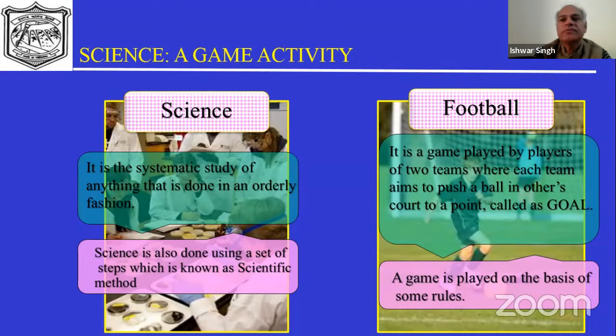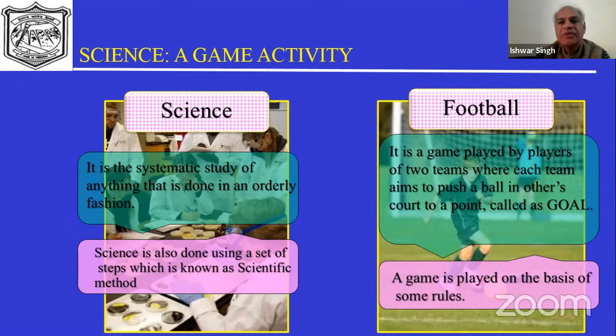scientific methodology. So my request to all of you is, because you are the founder teachers, I would say, because you are responsible for strengthening the foundation of education, rather than focusing on science or biology or chemistry, first of all you focus on this scientific temperament or scientific methodology.